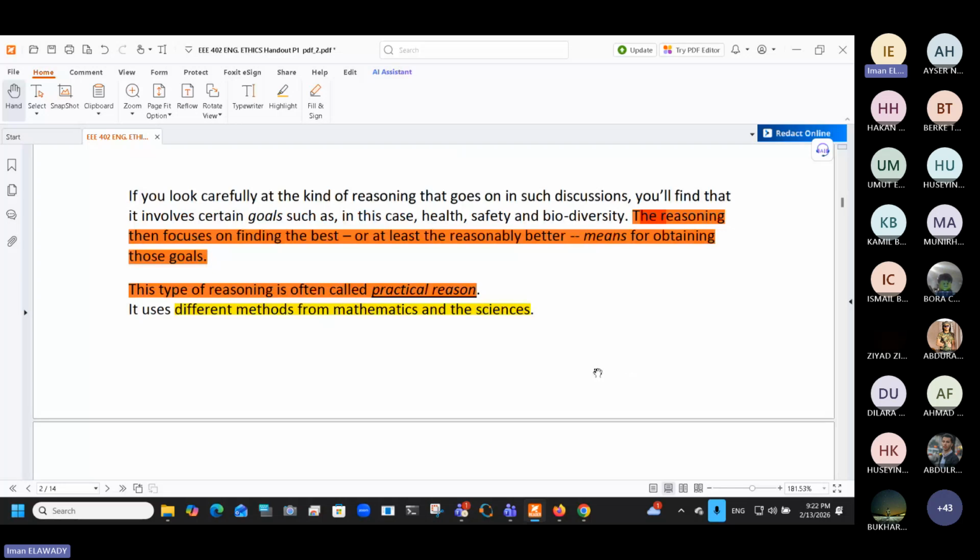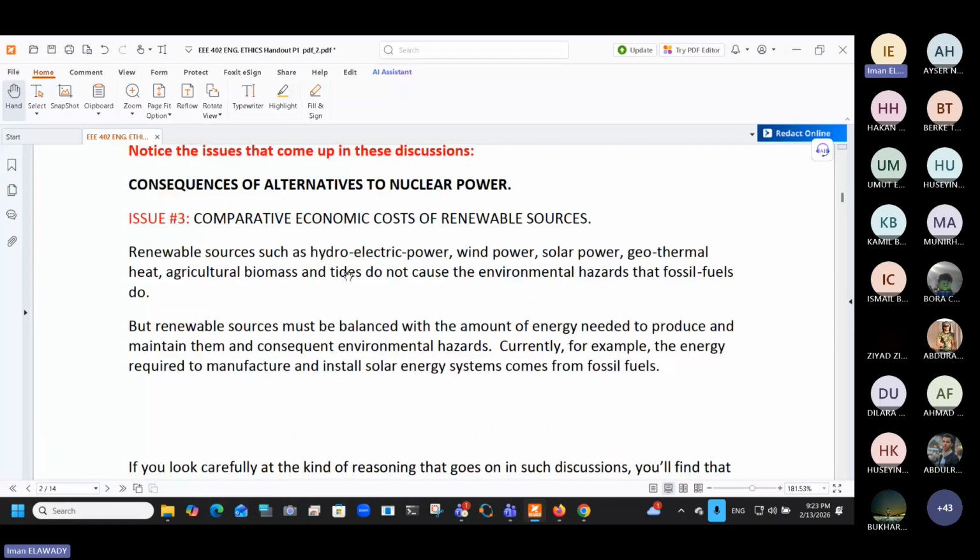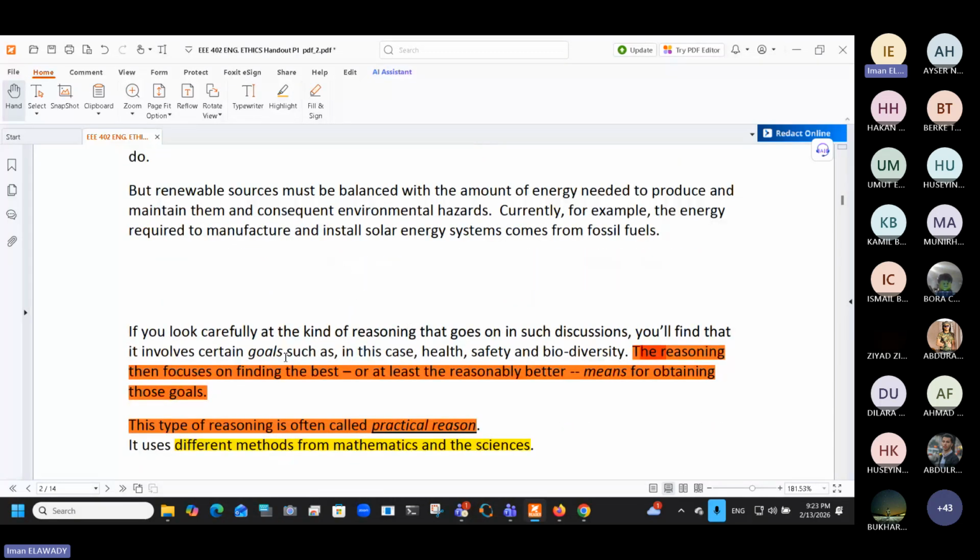Now I want you in this section to read a little bit about it. Here we have, starting with the first two definitions, this discussion, it's a kind of reasoning.